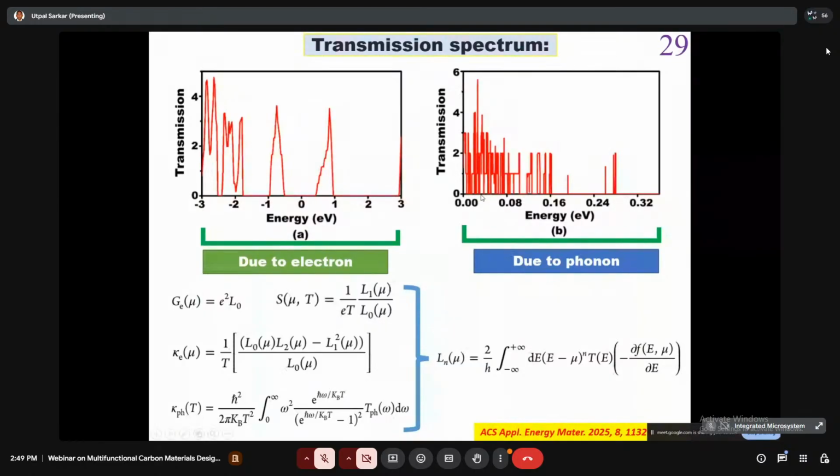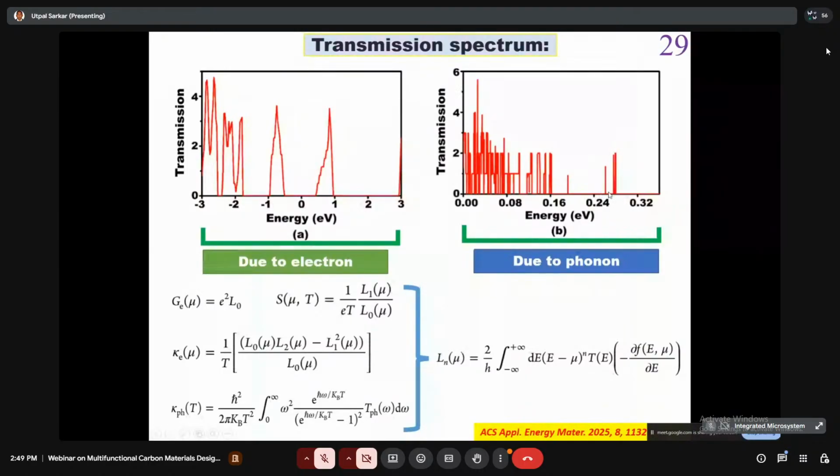That means all these energies are contributing here, and the highest transmission is 5.5, which occurs around 0.02 electron volt, something like that.